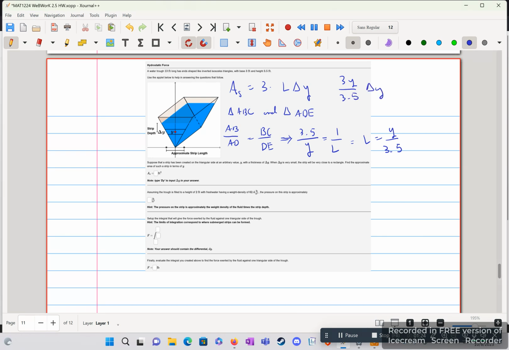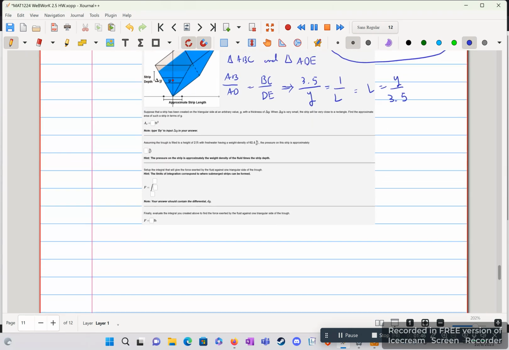And that will be our answer actually for part 1. But if you want to simplify that into decimals, it would be equivalent to 0.8571428 del y. These are both equivalent, and that was the answer to part 1.